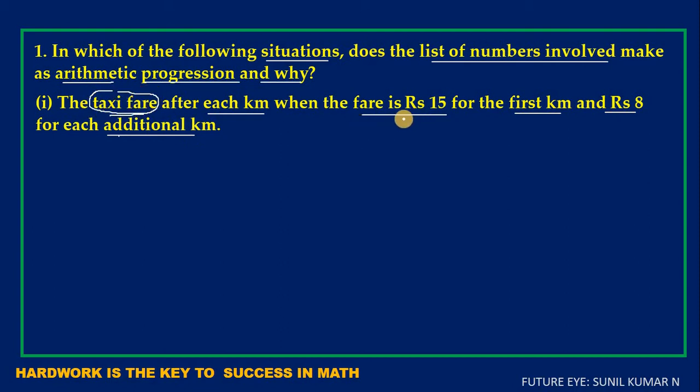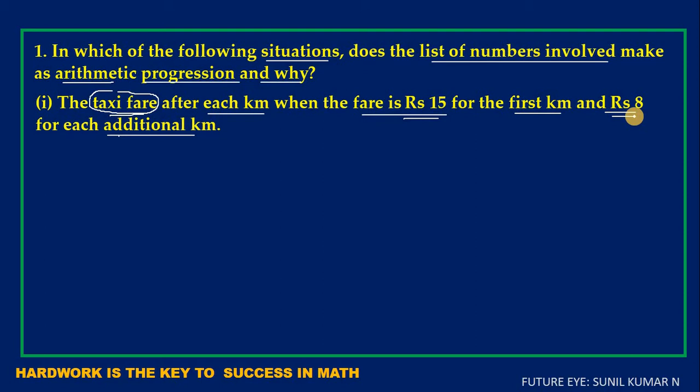For the first kilometer they are collecting rupees 15 and from there onwards for every kilometer they are collecting 8 rupees. You have to understand it like this. In case you cover 2 kilometers, for the first kilometer you have to pay 15 rupees and for the next kilometer you have to pay 8 rupees. Totally you have to pay 23 rupees.